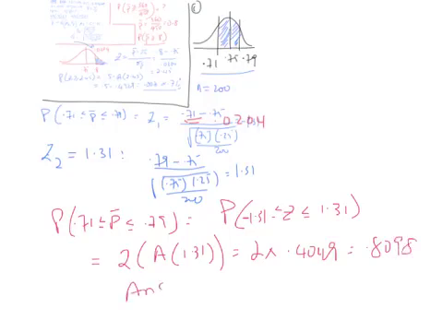So the answer to this question is 80.98%. The probability of being within 4 percentage points of the population proportion in a random sample of 200 is actually fairly high, 80.98%. And that's what we get there.